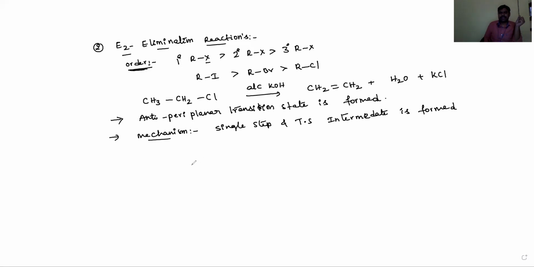Okay, dear students, let's see. For example, both leaving groups, hydrogen and halogen, are in opposite directions only. In a single step only it will take place. And in alcoholic KOH, the OH minus is the base.